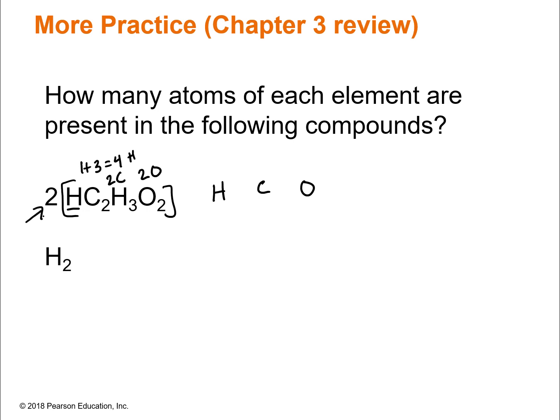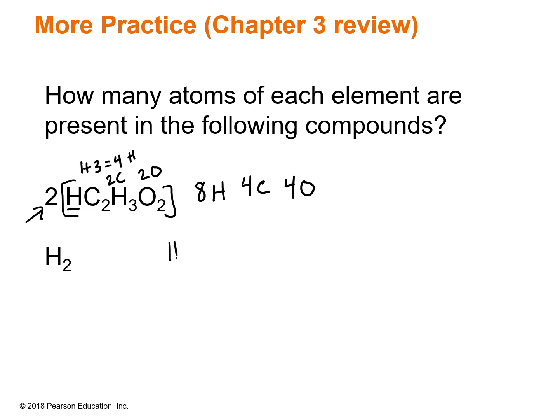But we've also got this multiplier out front, this coefficient. So that means that you're going to multiply everything by 2. So instead of writing 4 hydrogens, you're going to write 8 hydrogens. Instead of 2 carbons, you've got 4. And instead of 2 oxygens, you've got 4. So that's what that multiplier does.